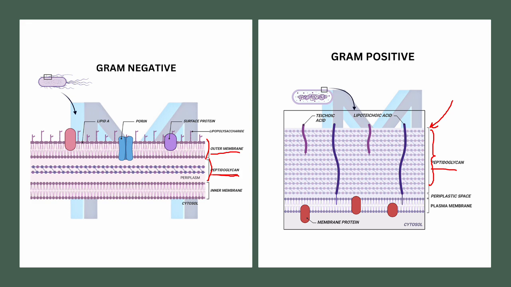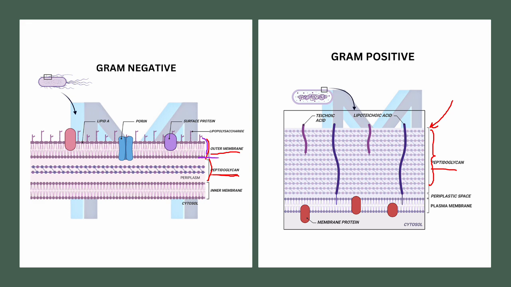And this outer membrane, which is outside the peptidoglycan layer that the gram-negative bacteria has, also acts as an additional barrier. So that's one main difference, or two main differences.